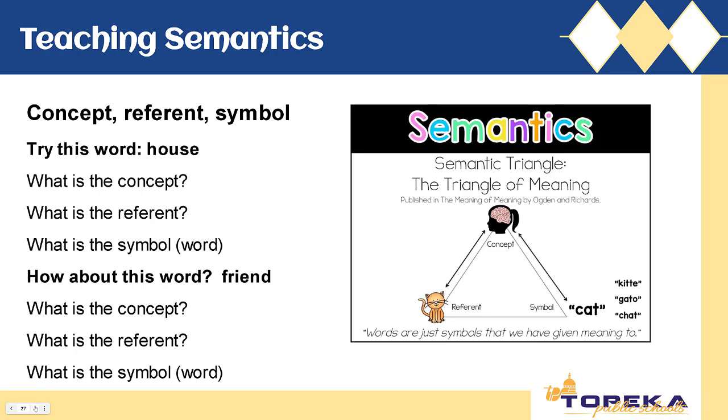On the screen, you will see a triangle on the right-hand side that shows concept, referent, and symbol. Those are the three levels at which we can understand a word. The first is the concept. So when I say cat or dog, as I said earlier, what concept comes to mind when I say the word cat?